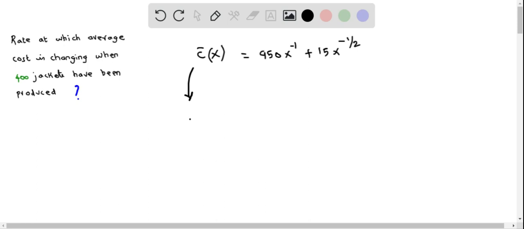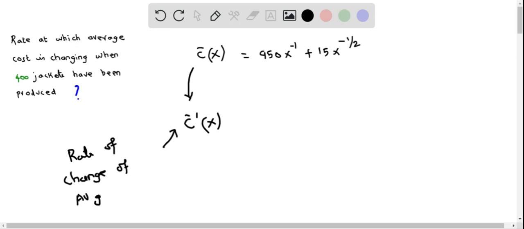The derivative of C bar of x we can write as C bar prime of x. This represents the rate of change of the average cost function. On the right side we have to differentiate these two terms.